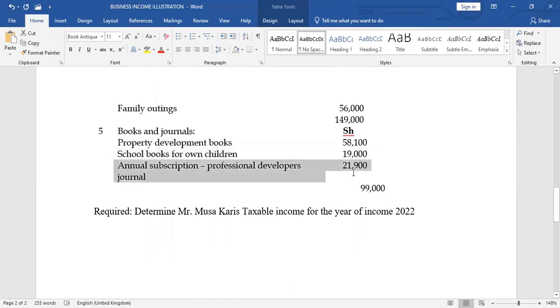Books and journals, he has subscribed to property development books, the school books for his own children, and then annual subscription. What we need to see is that you are required to determine Mr. Musa Kari's taxable income for the year 2022. Now, keep in mind those additional items that are given.